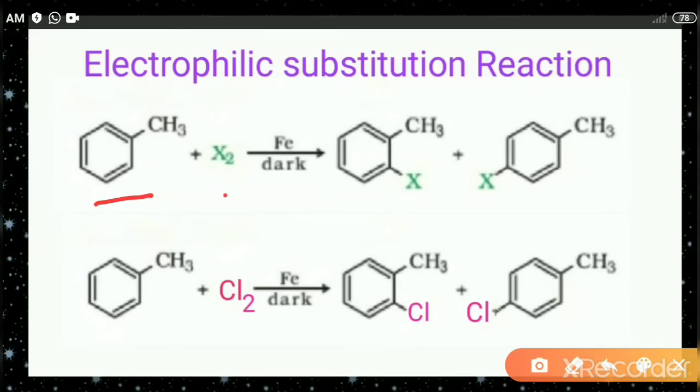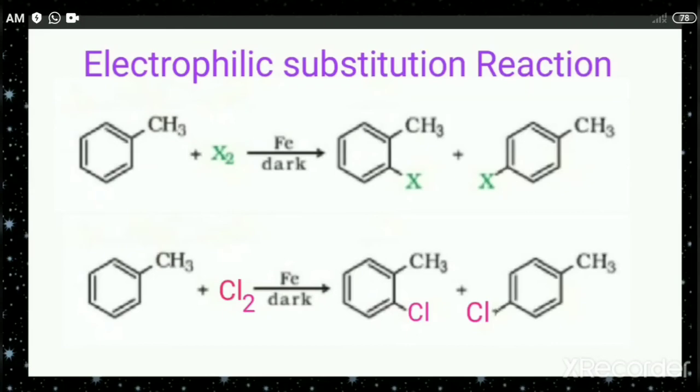When it is treated with X2 in the presence of Fe, we get two products. In the first product X is at the ortho position, and in the second product X is at the para position. That means we get an ortho substituted product and a para substituted product.